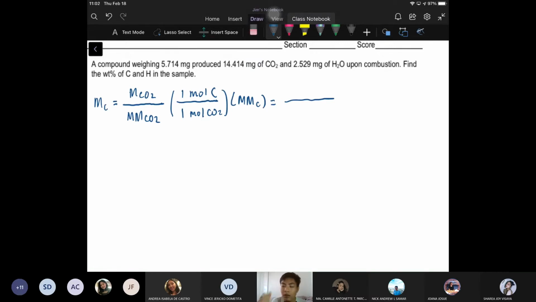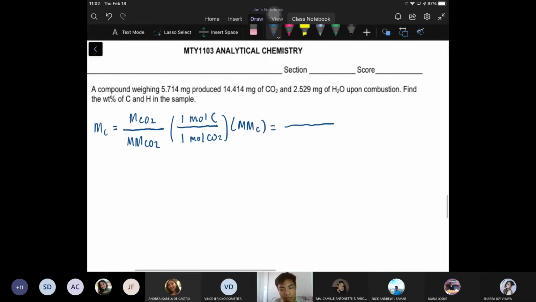So ginagawa ko ditong shortcut to convert milligram to gram is, kokopyahin ko yung number, tapos nilalagyan ko ng times 10 raised to negative 3 grams na yan. Kasi basically, divide mo lang yan by 1,000. So instead na magkaroon ka pa ng decimal, dinudugtong ko na lang yung times 10 raised to negative 3 para mabilis. Okay?